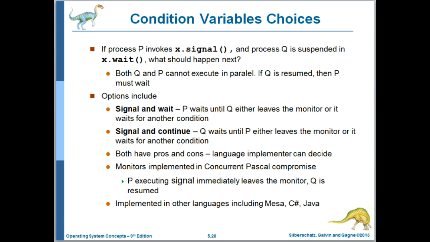Another design question would be if there are several processes that are waiting on a condition variable, and the signal on the condition variable occurs, does only the process at the head of the condition variable queue get released, or do all of the processes waiting on the condition variable get released?